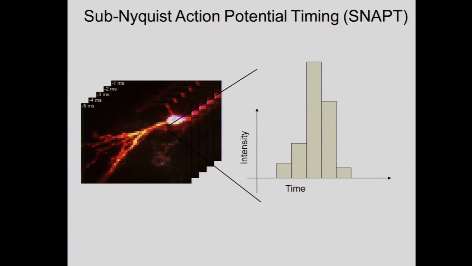In particular, we know that it's a smoothly varying continuous function. And so we can interpolate this waveform through these discretely sampled points, and then infer the timing with which this interpolated waveform crosses a user-selected threshold, say 50% of the peak, with much better time resolution than the exposure time of the camera.